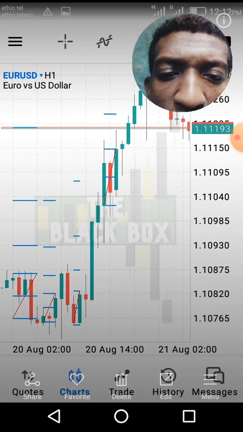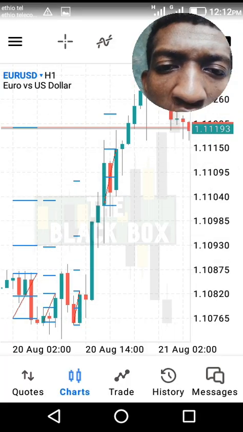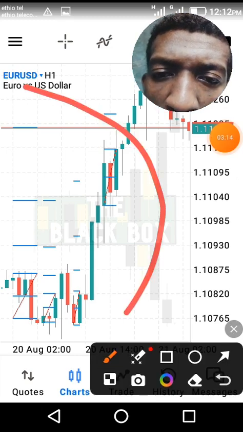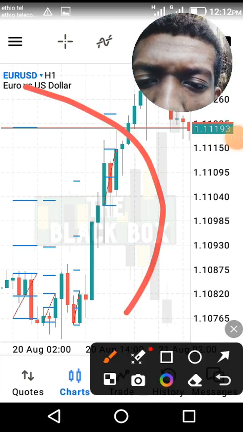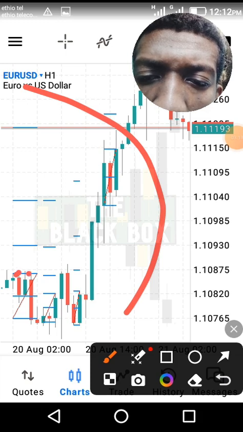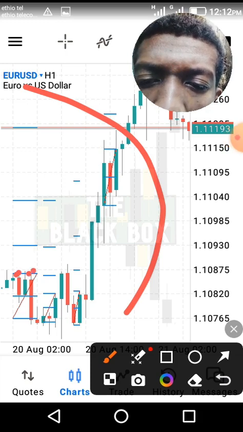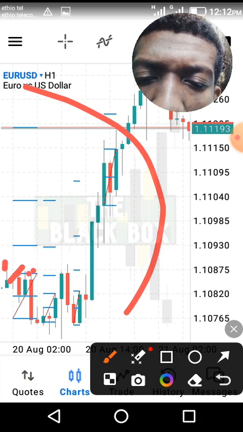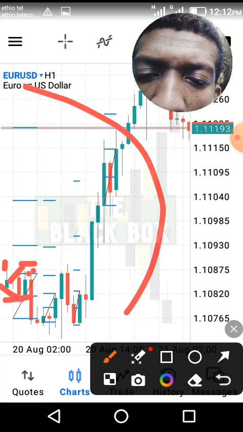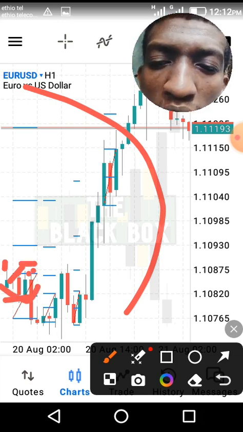So in this setup, in this picture, we have a black box there. There are 3 options, but I'm abandoning the first candle and the second candle because they are not similar to this one, because these 3 are similar while they are full bodied.